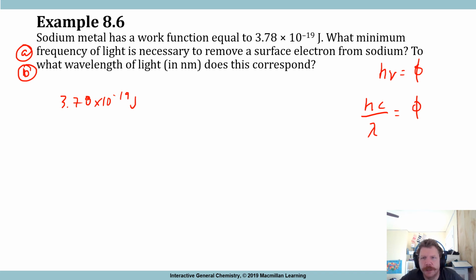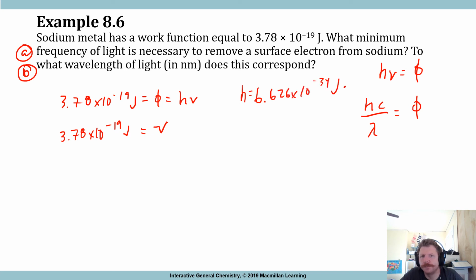I'm going to say 3.78 times 10 to the negative 19th joules is equal to my phi, which is h nu. Now I want to isolate nu by dividing each side by h, because I know that h is equal to 6.626 times 10 to the negative 34th joule seconds.